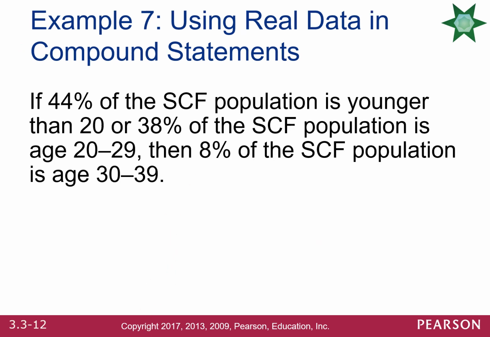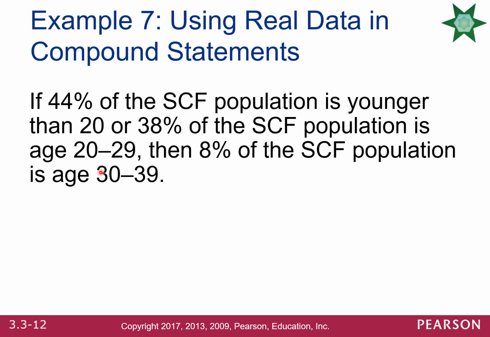All right. So here's a compound statement that we have to create or find the truth value of. So let's read through it first. It says if 44% of the SCF population is younger than 20 or 38% of the SCF population is age 20 to 29, then 8% of the SCF population is age 30 to 39.